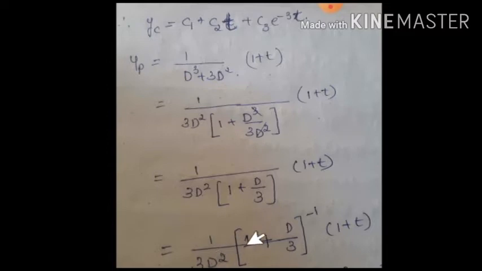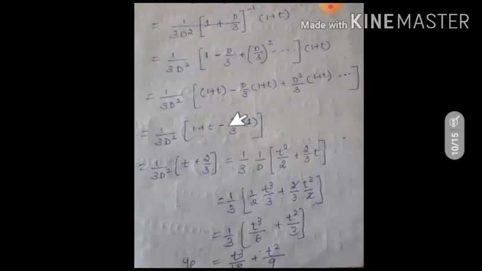Okay. Now next step. So 1 plus D by 3 whole to the power of minus 1 is now in the form of 1 plus x whole to the power of minus 1. So what is the formula? Since plus and minus are there, it means alternate positive and negative. Here positive, negative. So 1 minus x.